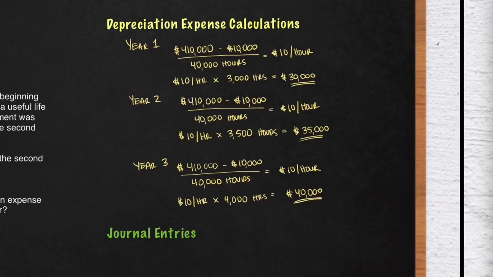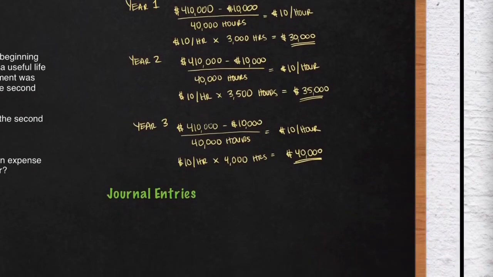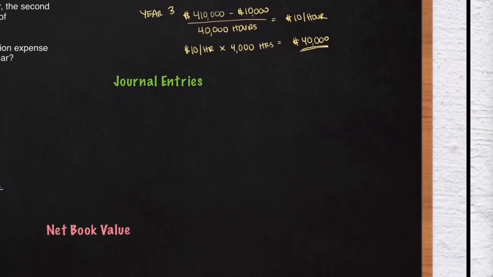All right, so now we got years 2 and 3, again by multiplying the rate times the actual usage for the respective years. Now we're going to go over the journal entries.